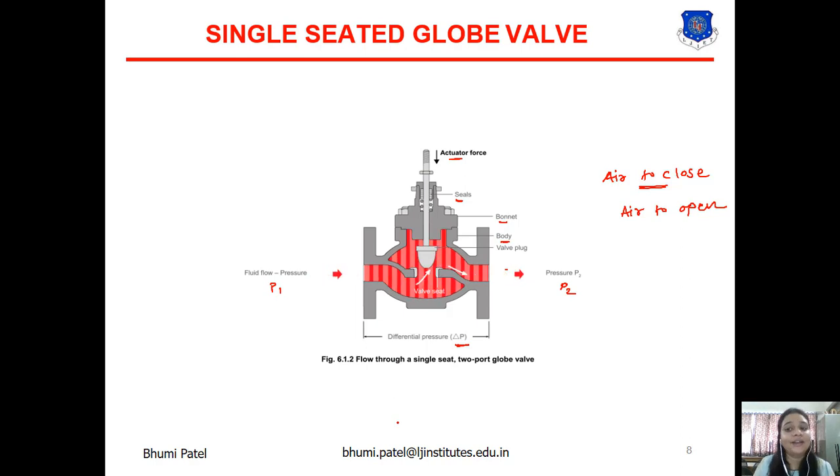We have studied in the last session what is air to close, what is air to open. So whenever the valve plug is in the air to open position, the input pressure goes through to the output. So this is the flow diagram for a single seated two port globe valve. Whenever the actuator moves up and down, the pressure difference is generated.